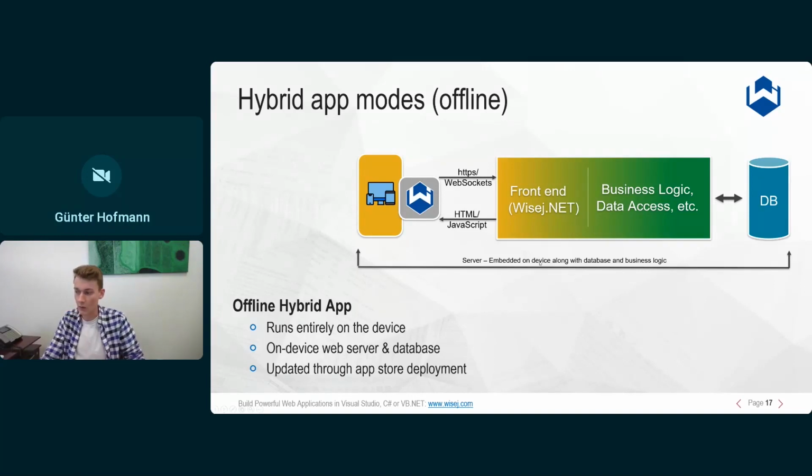And so using that, we're able to use WisejNet offline without any connection to any remote web server. We can also have our business logic on the device, or data access, and an embedded database as well. If you need to fetch remote data, you can use HTTP client to make API requests to the server to fetch the data. But in general, the device does not require an internet connection to function.